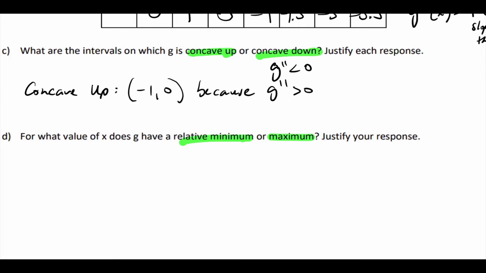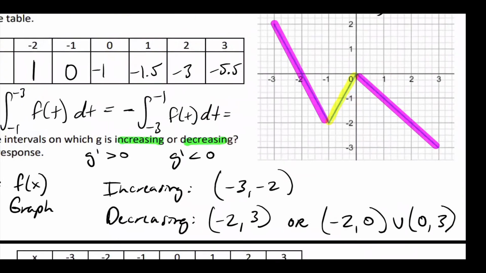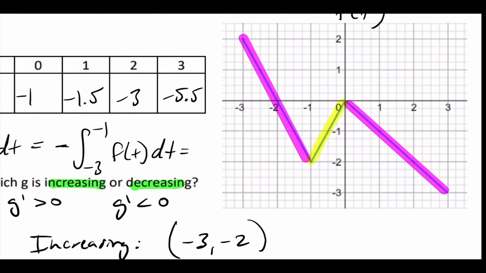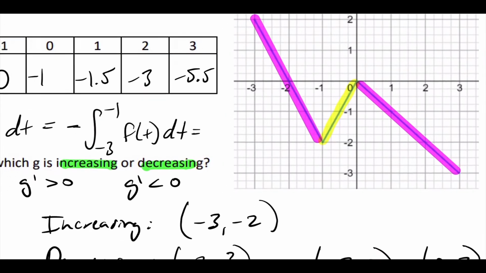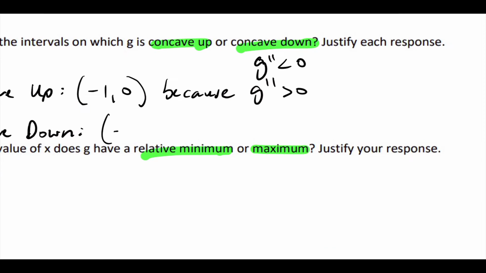Okay, concave down. Concave down is everywhere else where it's purple. So from -3 to -1, and then from 0 to 3. From -3 to -1, or 0 to 3.